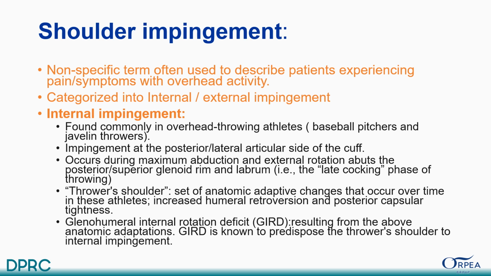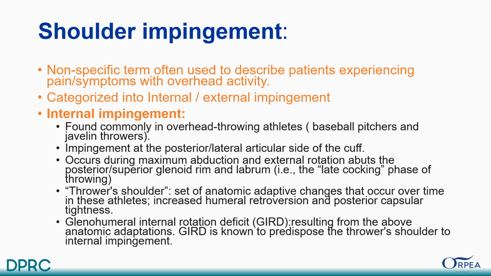The impingement is occurring at the posterolateral articular surface of the cuff. It occurs during maximum abduction and external rotation, which abuts the posterior superior glenoid labrum and the rib. So it is called the late cocking phase in throwing. It's also called thrower's shoulder.